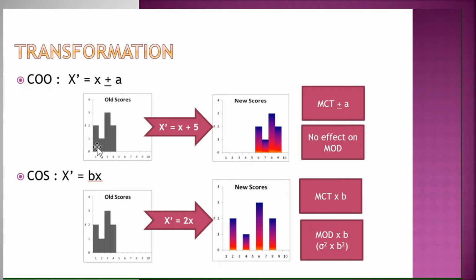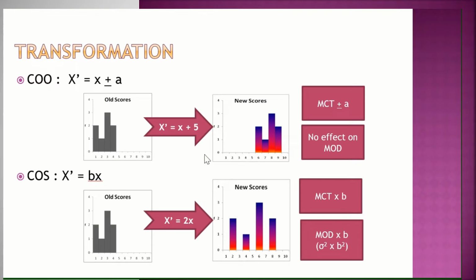Original minimum is 1, 2, 3, 4. Why do you see the apostrophe here? That means the data has been transformed. It's equal to X plus 5. What does that mean? You're adding 5 to your data. That means this will be 6, this will be 7, this will be 8, and this will be 9. So this is your new data set.